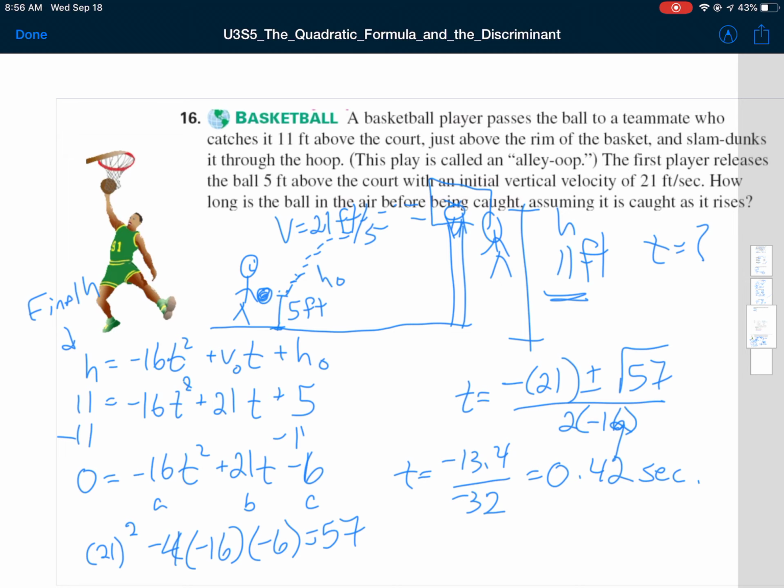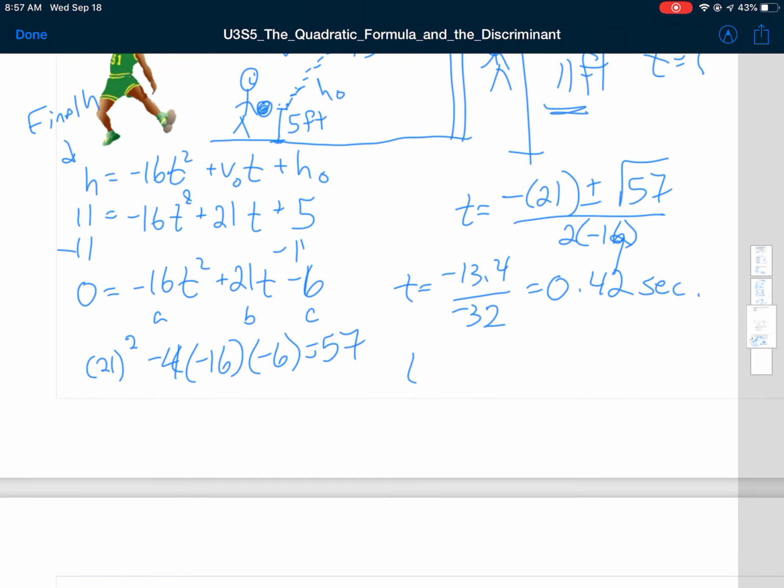About half a second, 0.42. Now if I do this again with negative 21 minus the square root of 57, I get negative 28.5 over negative 32, and I get 0.89 seconds.